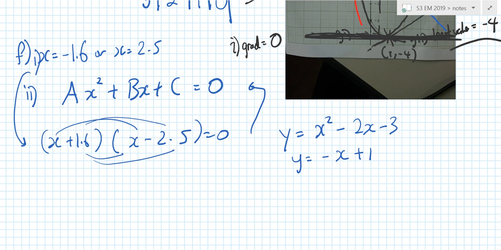Do you agree that if I solve this simultaneously, I will get x equals to something, x equals to something? This one is from your E. Look at your E. E asks you to find the graph, right? Okay, ask you a question. If I ask you to solve simultaneous, what will you do?